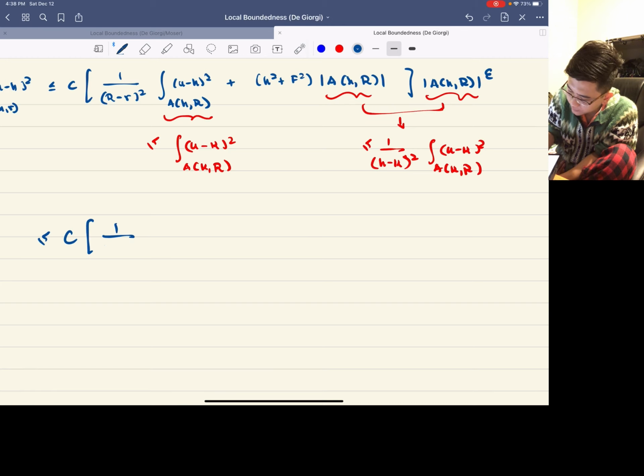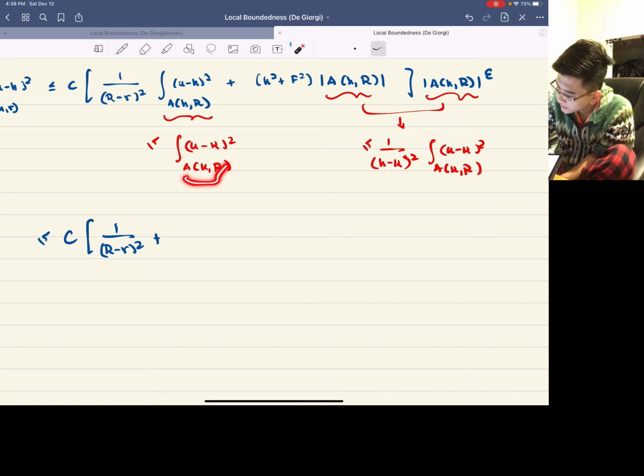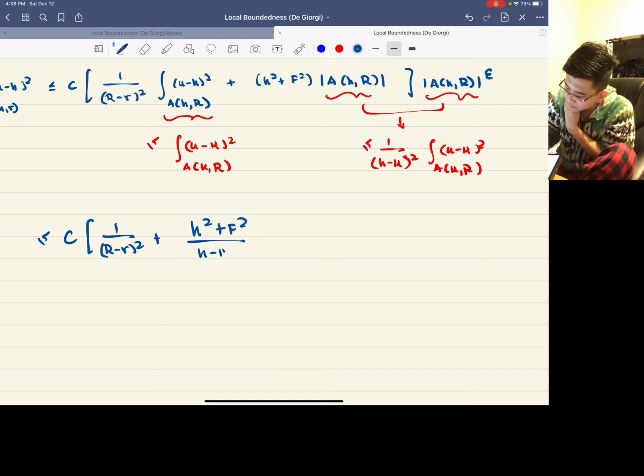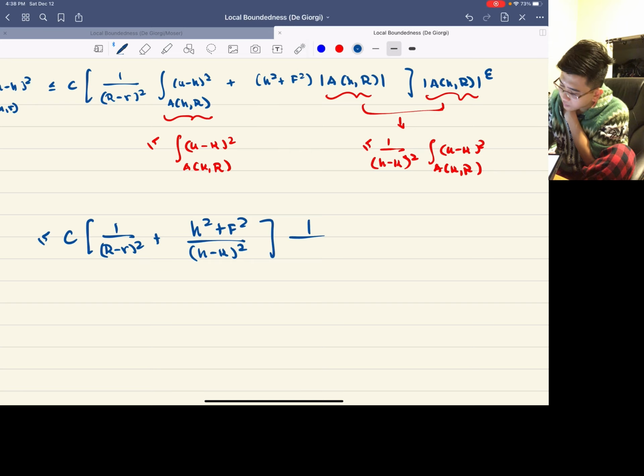I have 1 over (R minus r) squared plus, so I can factor this out, and then I'll be left with this plus h squared plus f squared over (h minus k) squared multiplied by 1 over (h minus k) to the 2 epsilon. Where did that come from?